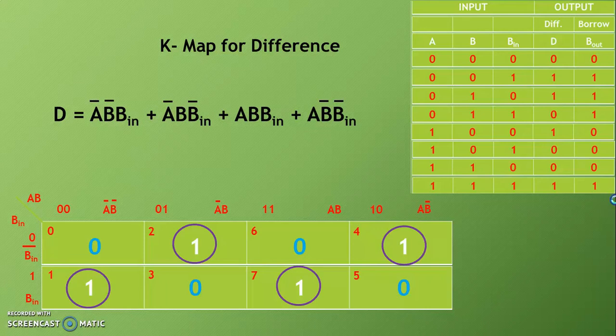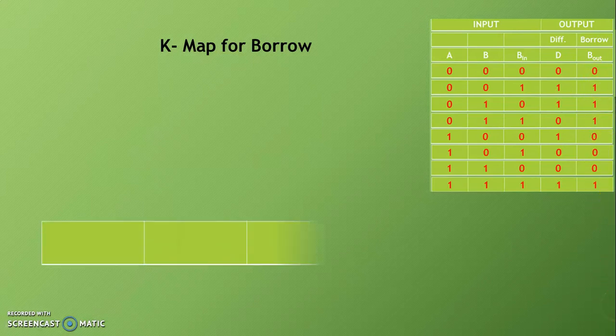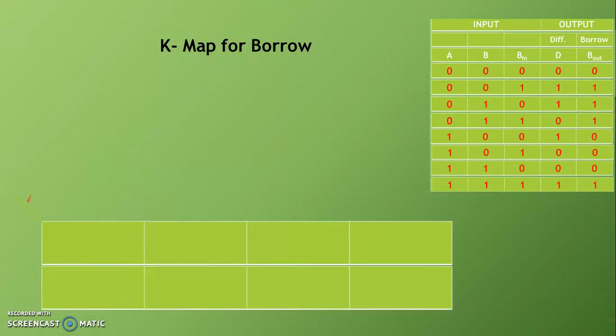Now same way, we can prepare a K-map for the borrow also. Again, we have truth table for the reference, and we can check the minterms for the borrow, and that is for the decimal number 1, 2, 3 and 7. So for the 3 variables, again we prepare a K-map with variables AB and Bin.